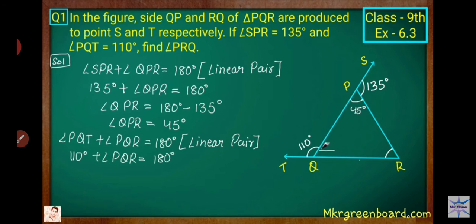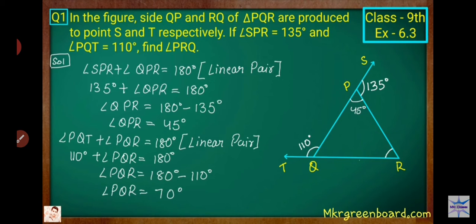So PQR is equal to 180 minus 110. So it becomes 70 degrees. PQR is equal to 70 degrees.